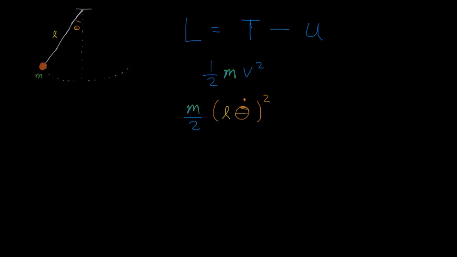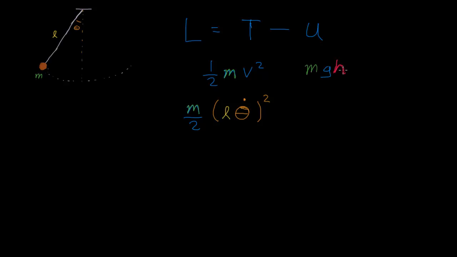If this is a pendulum close to planet Earth where the acceleration due to gravity is a constant, we can write the potential energy as the mass times the acceleration due to gravity times the height. We'll use purple for height. So mgh is the potential energy due to gravity of this pendulum.